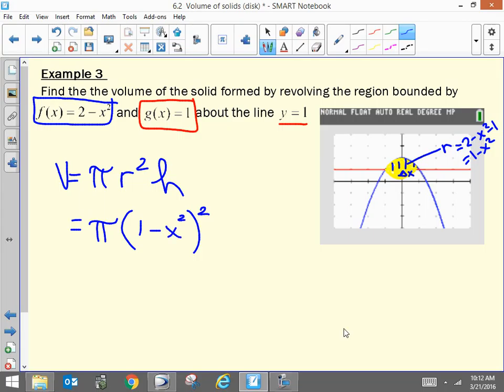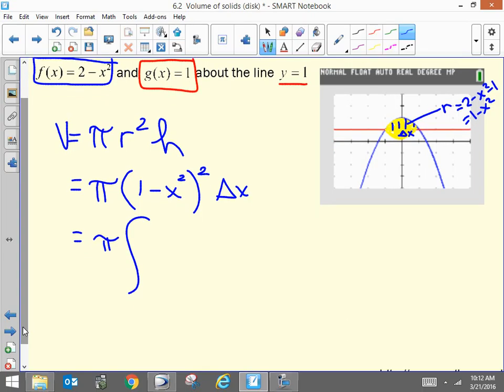Don't forget the square just because you already have the square. And change in x is your height. All right, ready for an integration: 1 minus x squared dx.